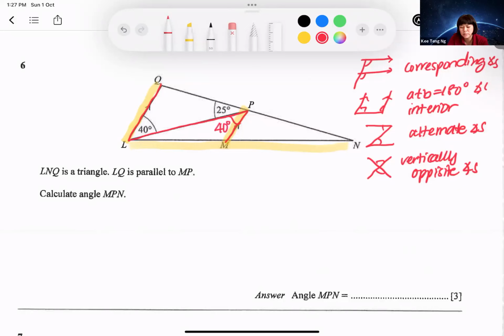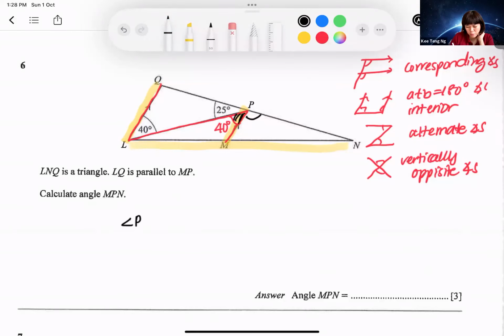All right, is there any other information? No other angles that I can think of. Maybe interior angle, but I also don't have. What angle do they want me to calculate? Find angle MPN. So I need to find this angle. Let's write down that this angle is 40 first.